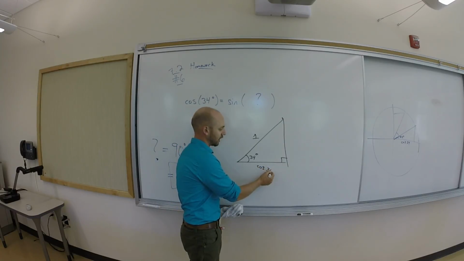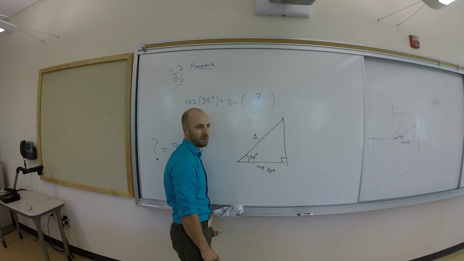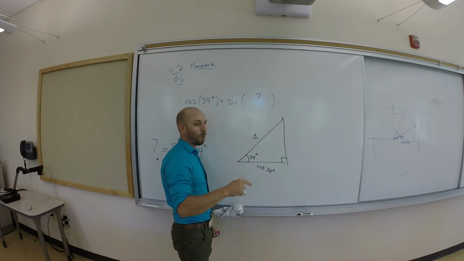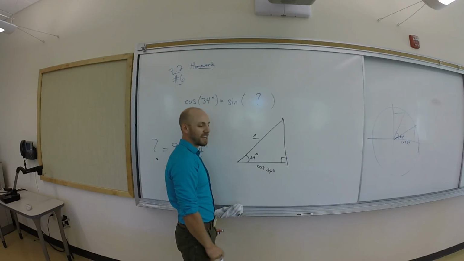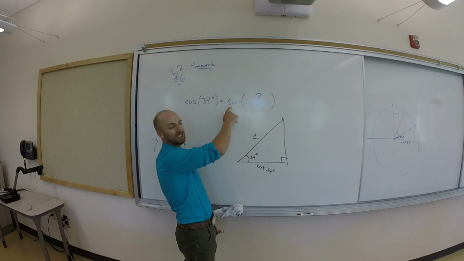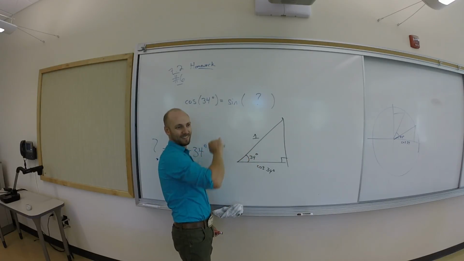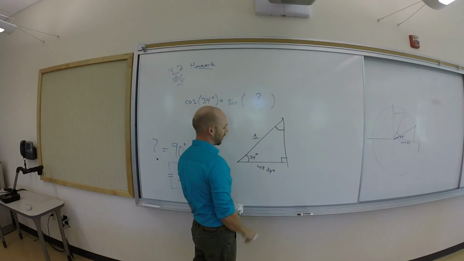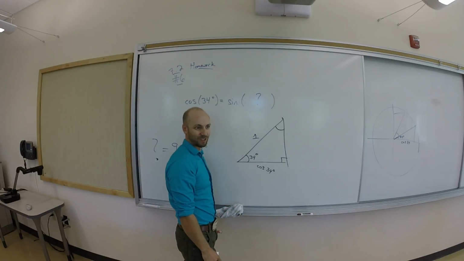Should be the adjacent side, right? From SOHCAHTOA. Okay, and then I'm wondering, right, which side is that, or which angle is that opposite of? You guys see that's what this thing's asking? So that'd be, well, whatever's left, right? What's left?